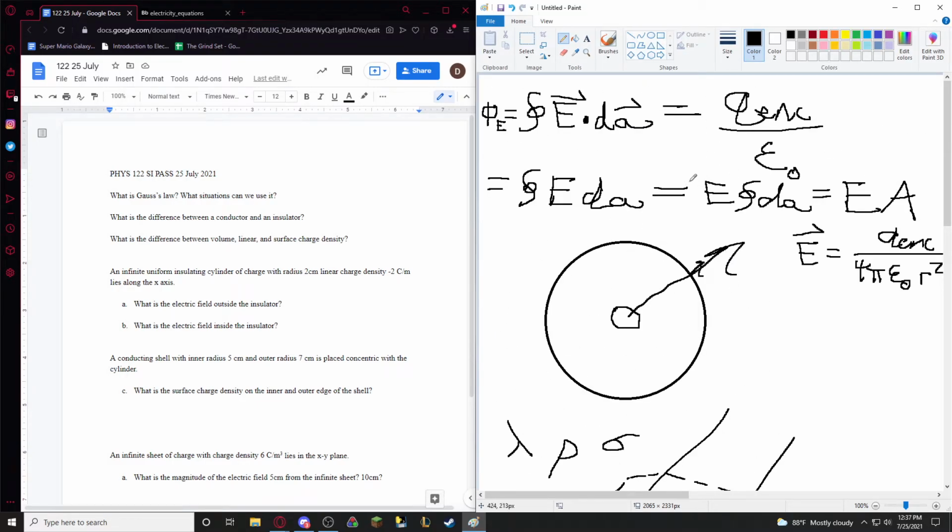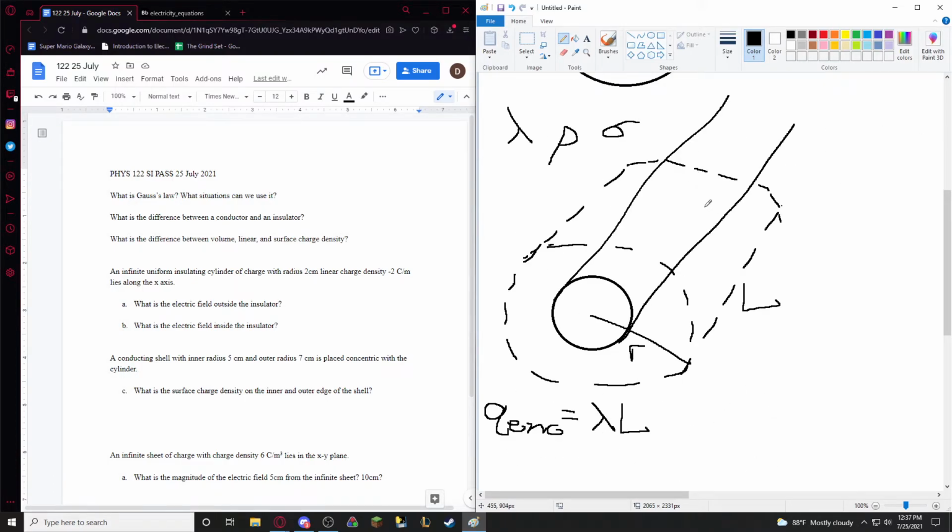Our area, I believe the area for this surface would be 2 pi RL. Well, that'd be the area of the barrel part of our cylinder, but that doesn't include the end caps. So why aren't you including the end caps?